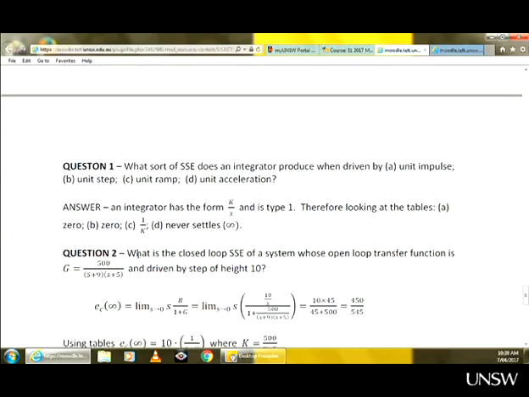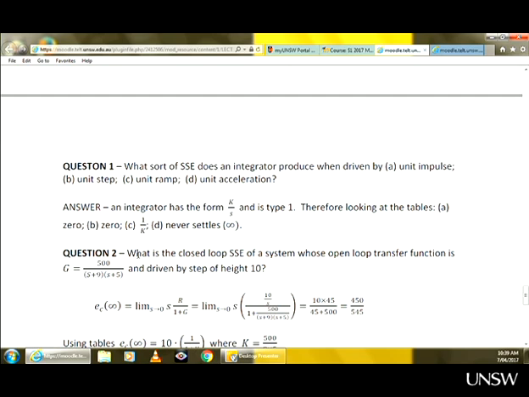Now a few questions and answers. Okay. What sort of steady-state error does an integrator produce when driven by an impulse, step, ramp, acceleration? So what is the type of an integrator?